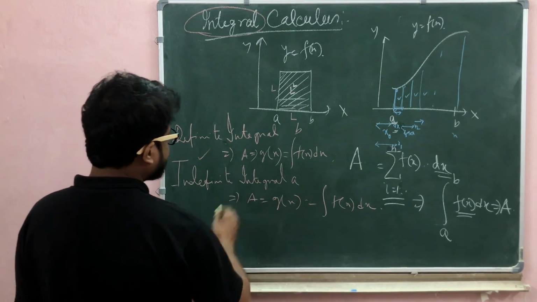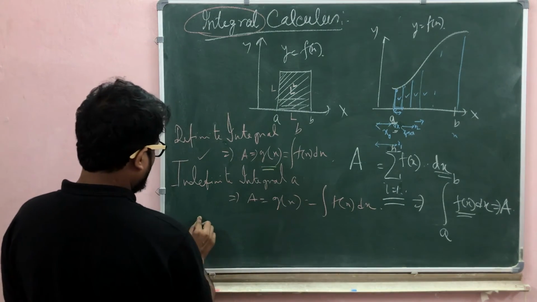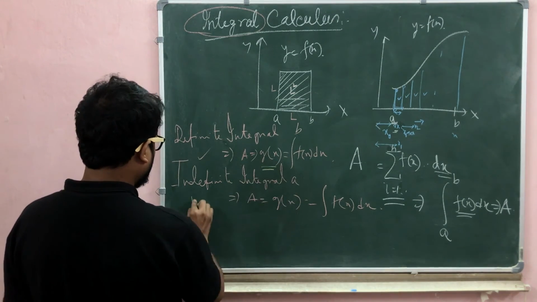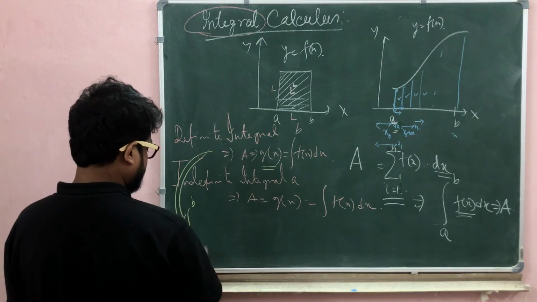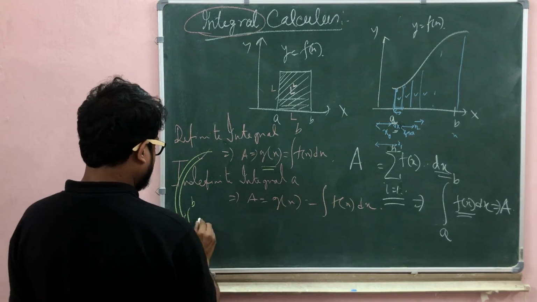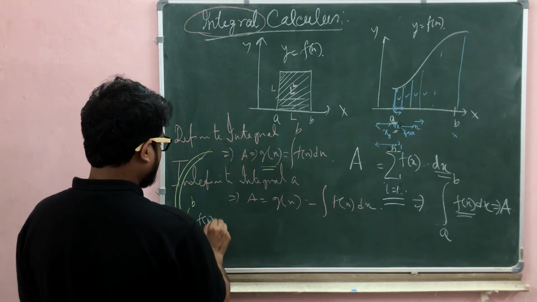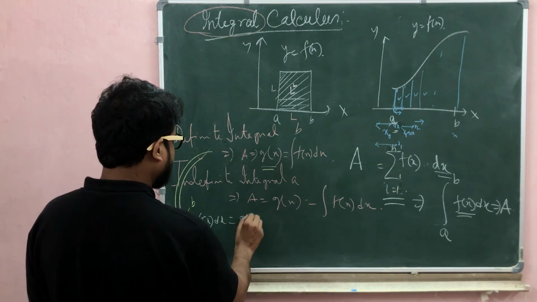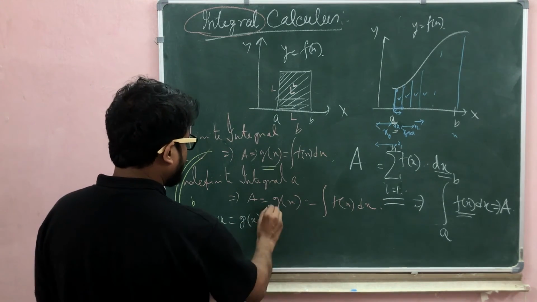If I take the result g(x), then the integral from a to b of f(x) dx is equal to g(x) from a to b.